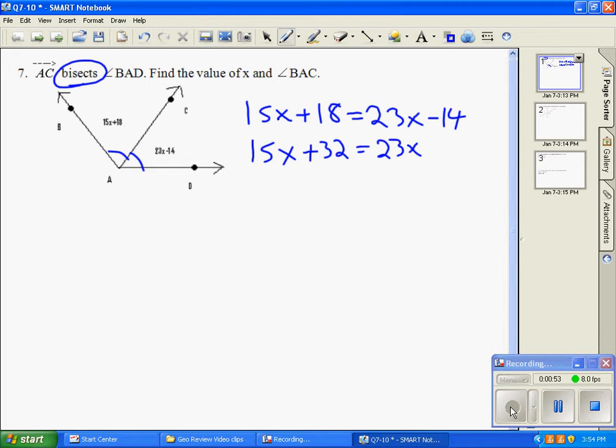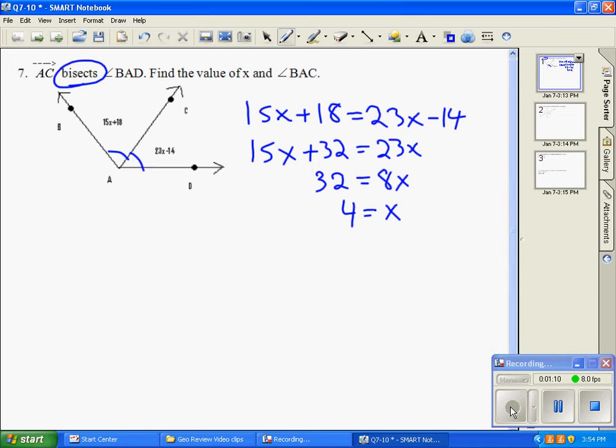Subtract 15x from both sides. So we're going to get 8x. And divide both sides by 8. So we're going to get x equals 4.